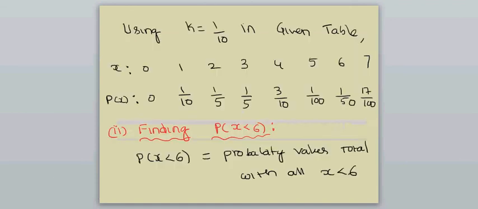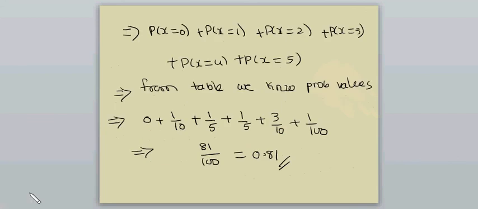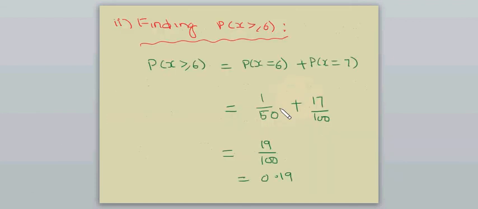Using the k value, from this distribution function, this value and this value are added, so you get 1 by 50 for x equal to 6 and 17 by 100 for x equal to 7, which is 0.19.